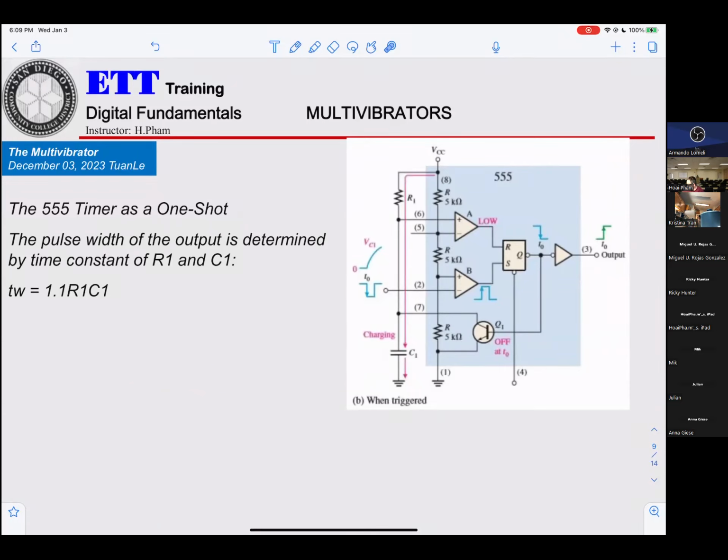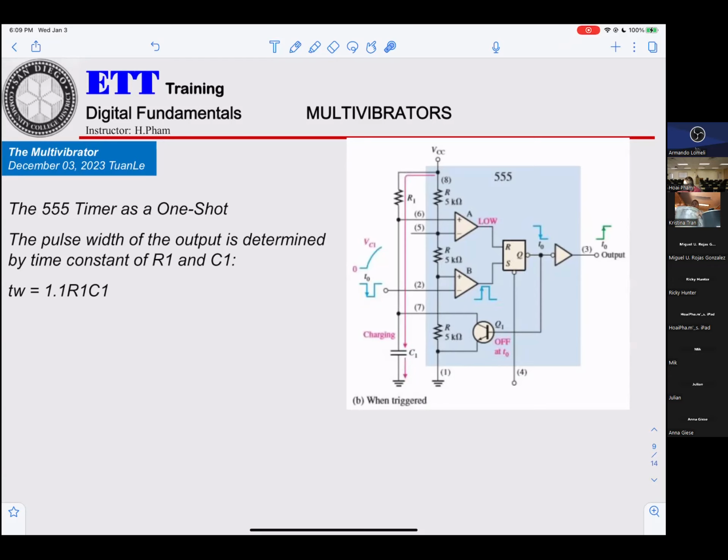The 555 timer as a one shot: the pulse width of the output is determined by the time constant R1 C1. Same thing, the only difference here is where you connect R1.